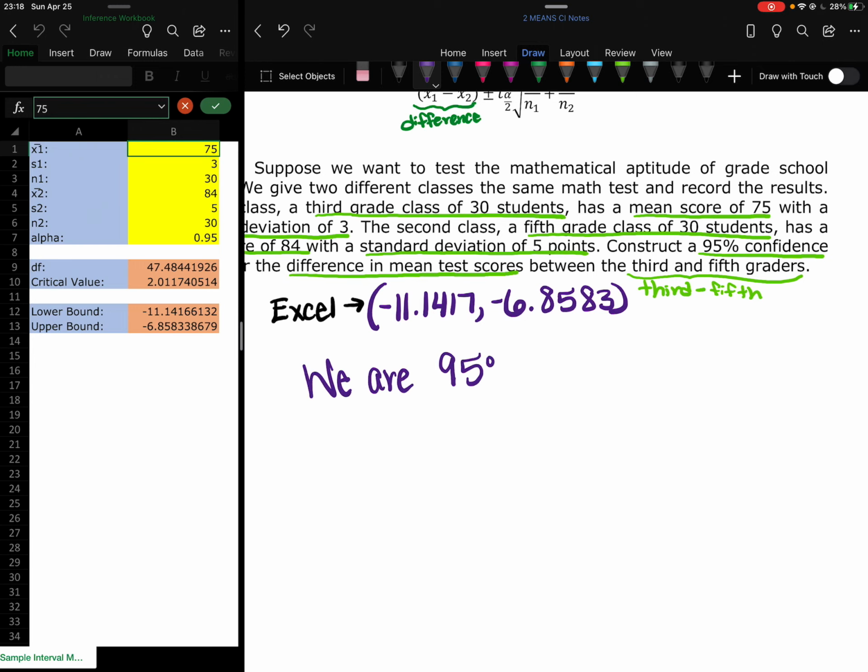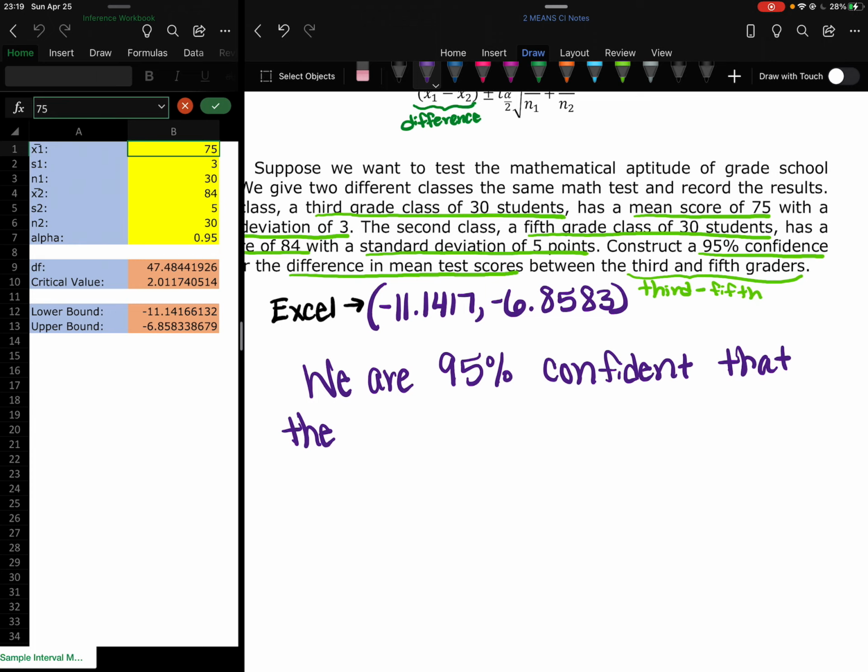So we are 95% confident. Since Excel has done all of the math for us, it is this interpretation and the following interpretation that I'm going to be looking at, making sure we understand the most.